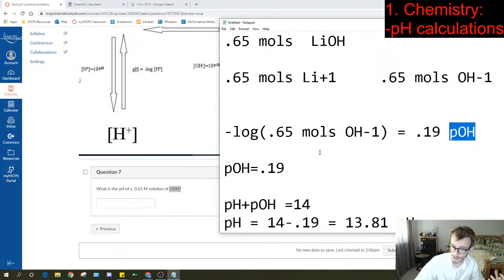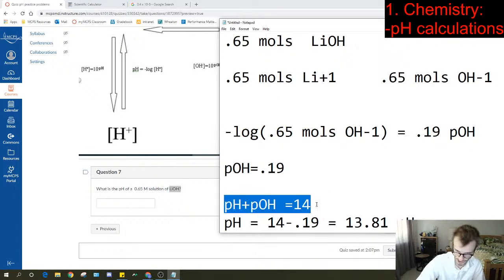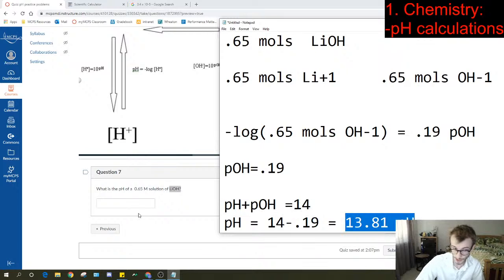Then if I really want to find the pH, which is the number that people use to communicate, I use the magic number 14. I add them together: what plus 0.19 equals 14? Well, 13.81. That's my final answer.